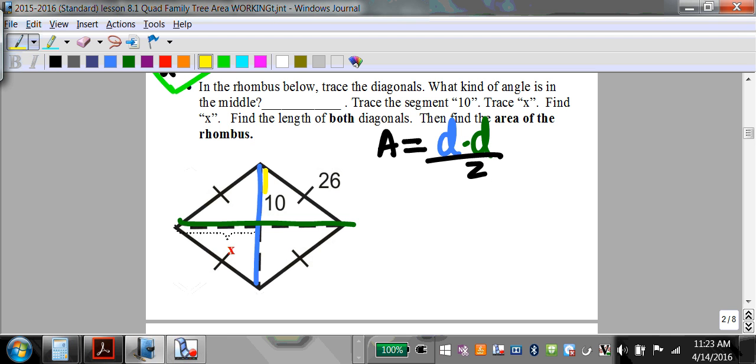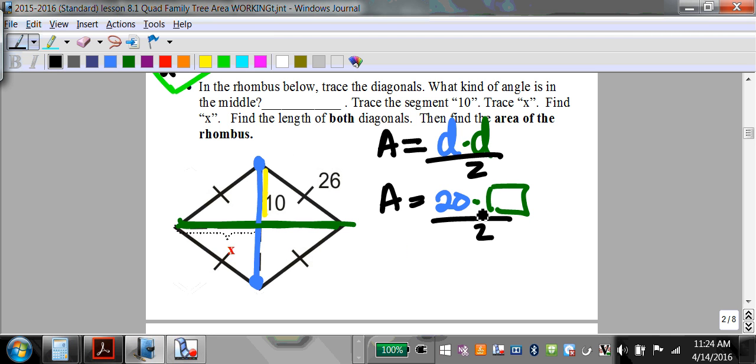That 10 there is only from there to there. Okay, so let's see what we have. We have area equals, trace the blue diagonal. Out loud, what is the blue diagonal? Okay, trace the green diagonal. Do you have anything there? Put a box there. We're going to come back to it over 20.